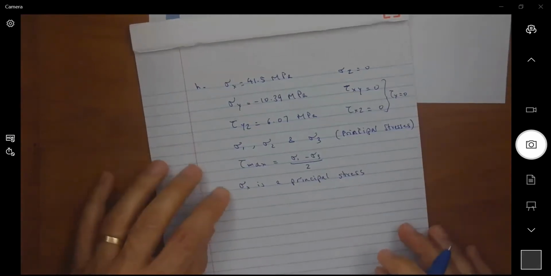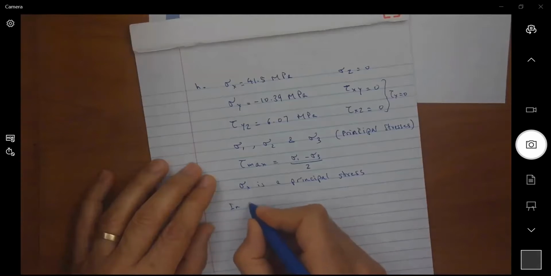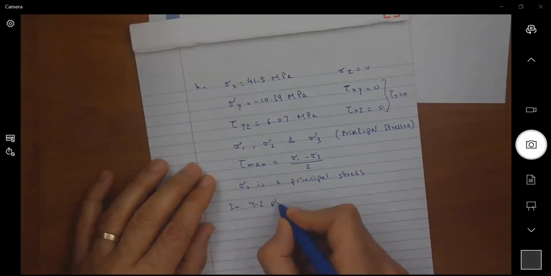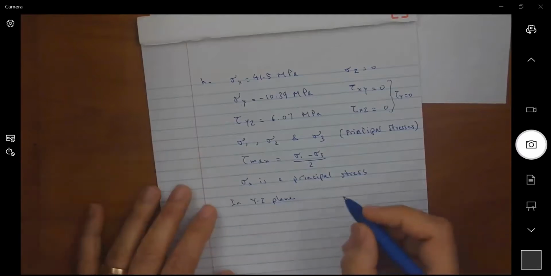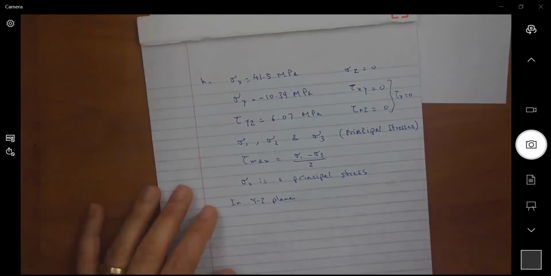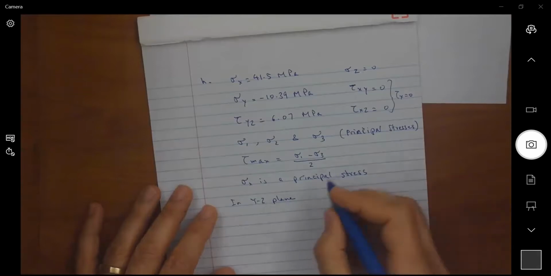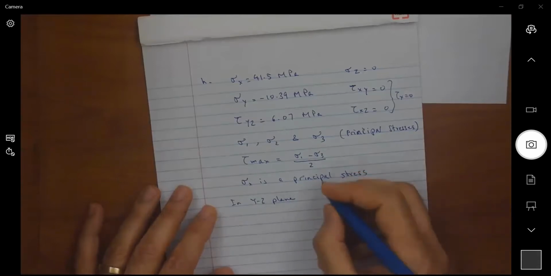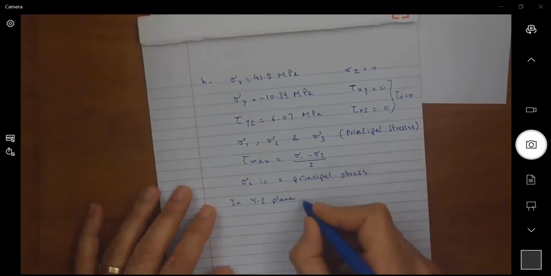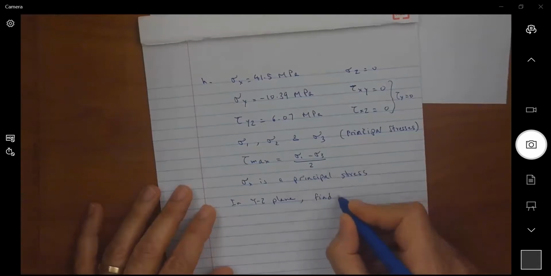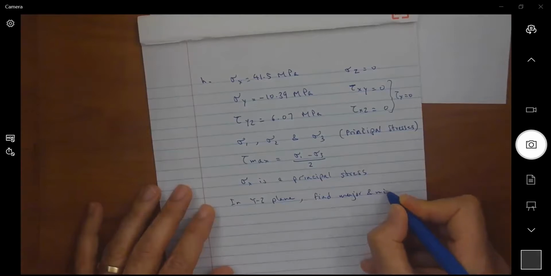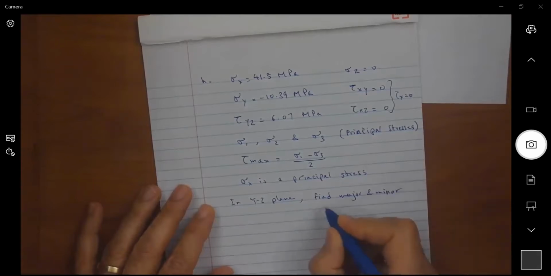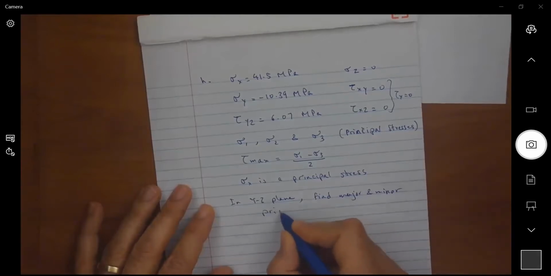So next, in the YZ plane, we want to find the two additional principal stresses, major and minor principal stresses.